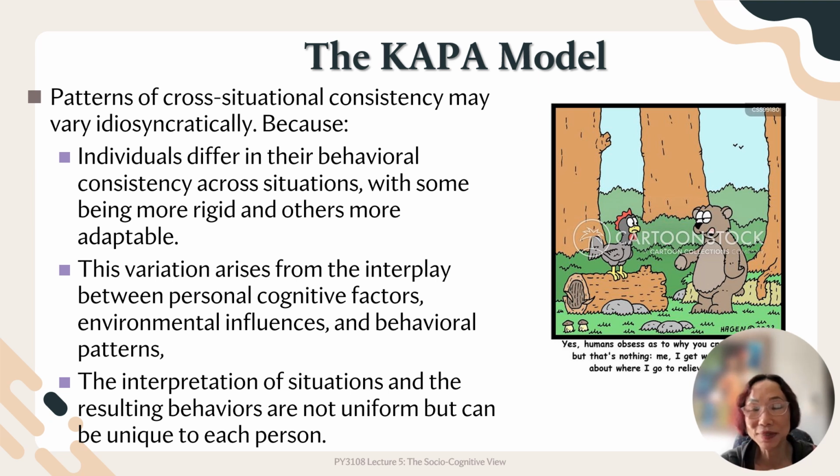But for Kappa model theorists, they believe that the interaction plays a big role in personality. So everyone is unique, everyone's different. And this is an important notion in therapy, the belief that everyone's unique.